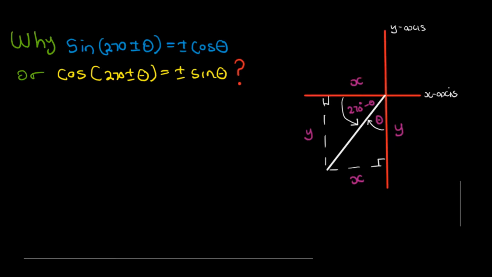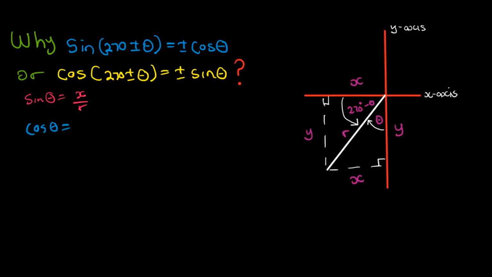Let's find the trig ratios for that one. The first thing is we're going to find sine of theta. Sine of theta, the opposite is your x and the hypotenuse is your r, so it's going to be x over r. Then you want to identify cos of theta, which is the adjacent side, y, over the hypotenuse, r, so it's y over r.